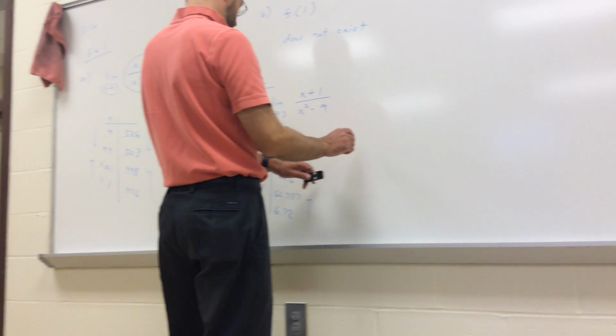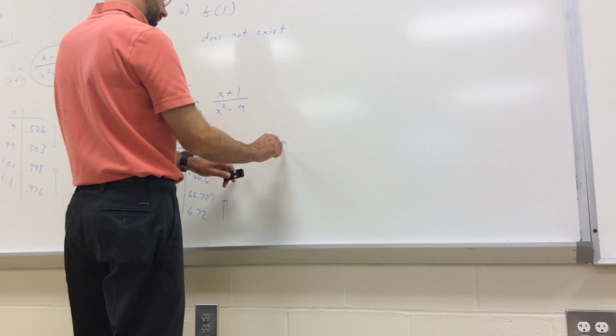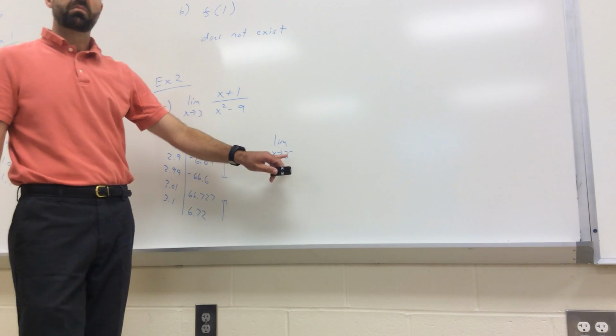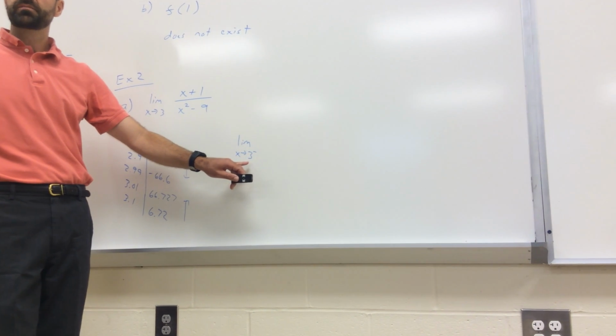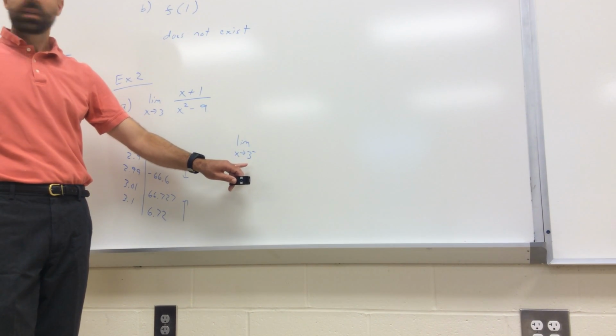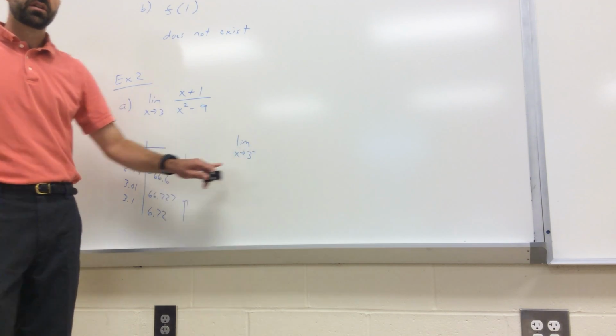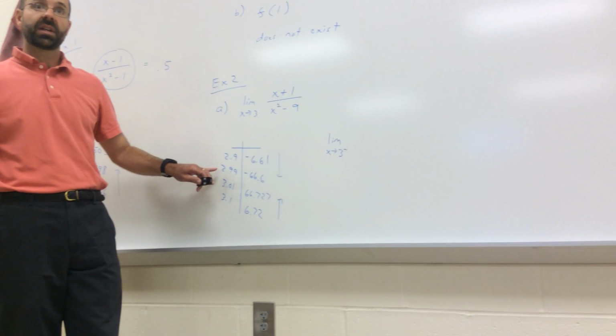Okay, so we're going to say that the limit as x approaches 3, we're going to put a little minus sign after the 3. And what that means is the numbers that are smaller than 3. So the 2.9 and the 2.99.